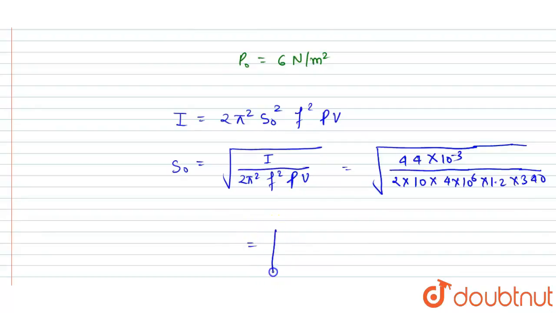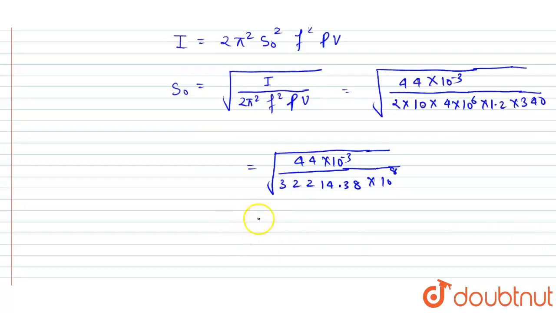So if you further solve it, you will get 44 into 10 to the power minus 3 upon the multiplication in the denominator.